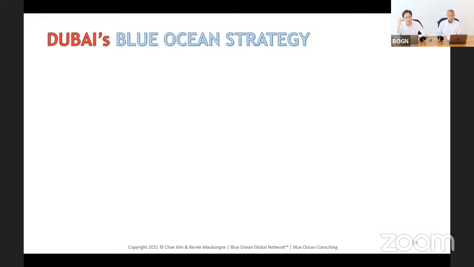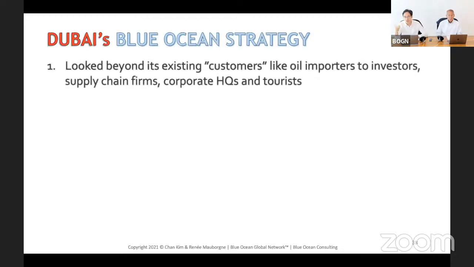Dubai decided that instead of just exporting oil and relying on resources, they were going to look beyond their existing customers, who were the oil importers, to foreign investors, supply chain firms, corporate HQs, and today, of course, mass market tourists.